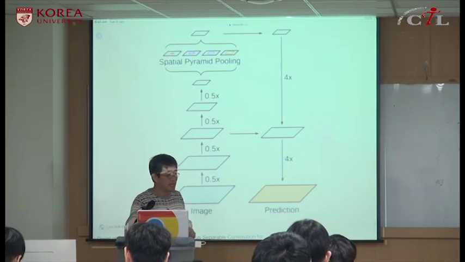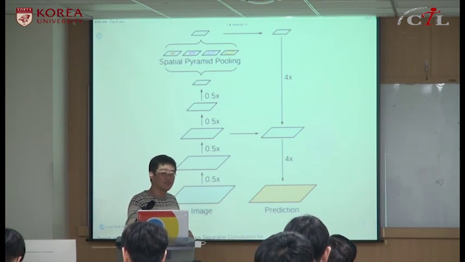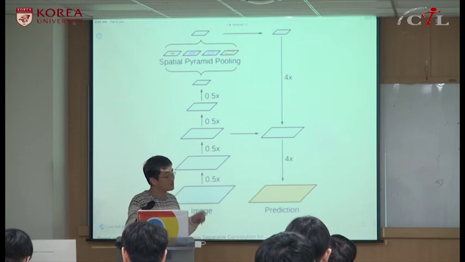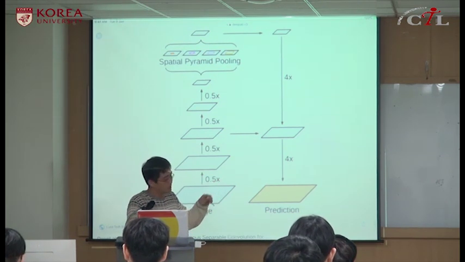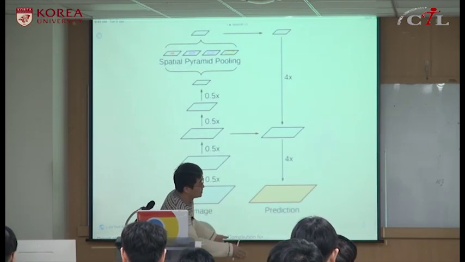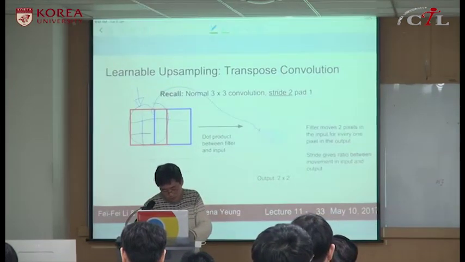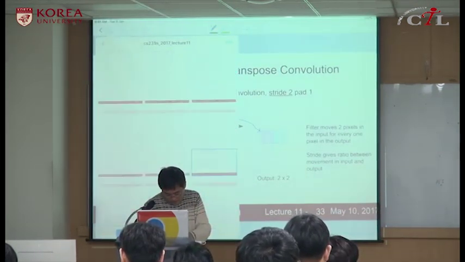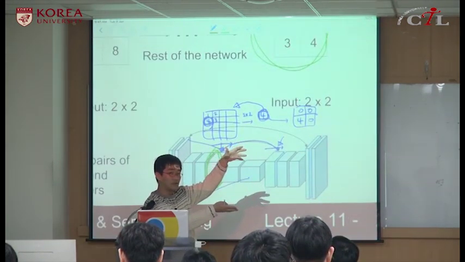In this DeepLab, there is an interesting module called pyramid pooling or multi-scale convolution. It is quite an interesting concept. But anyway, I'm going to give you some idea: if we do semantic segmentation, the network architecture is exactly this kind of encoder-decoder architecture.